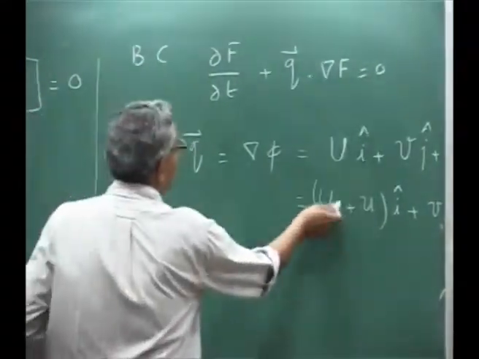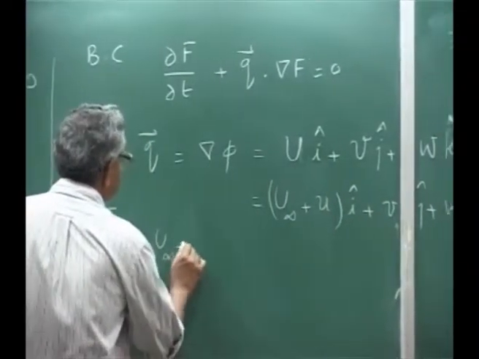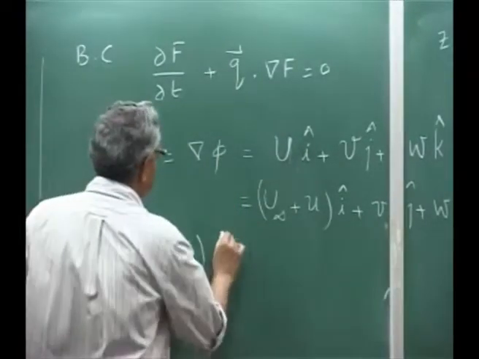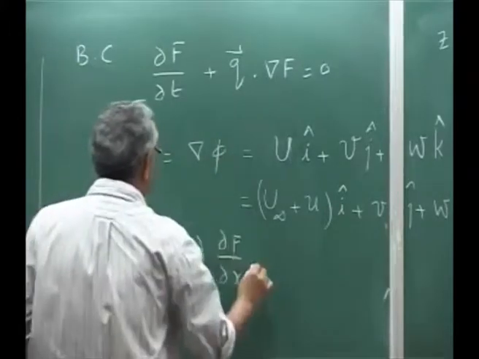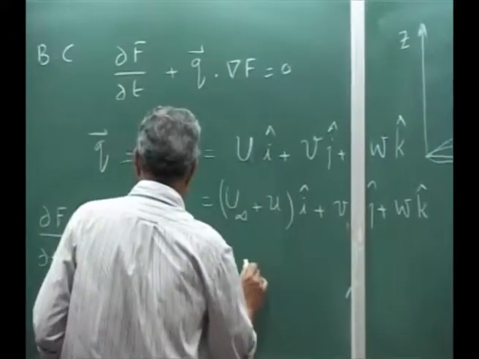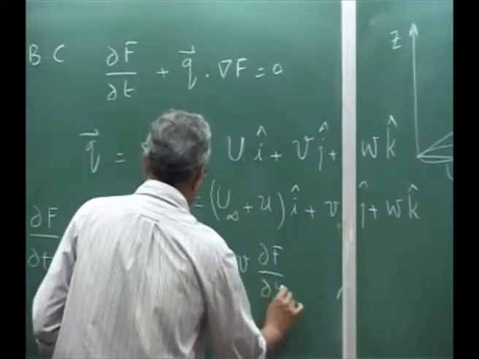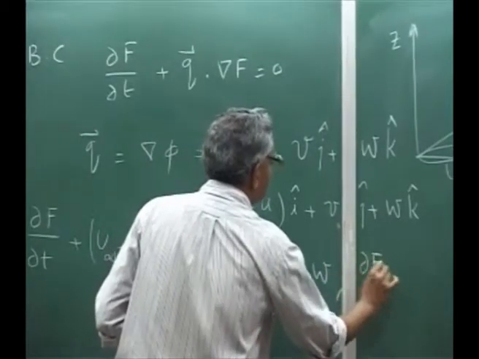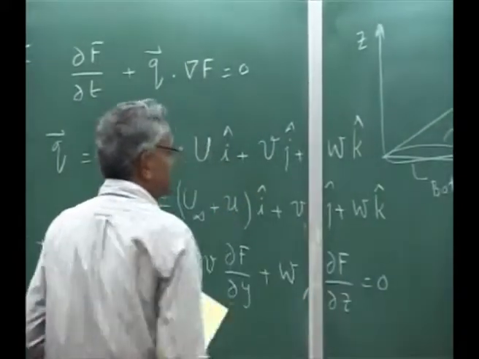Now I substitute this back here, you will get U infinity plus lowercase u, del f is delta f by delta x, because this is a dot product. Then I will have v delta f over delta y plus w delta f over delta z. This is 0. Okay.